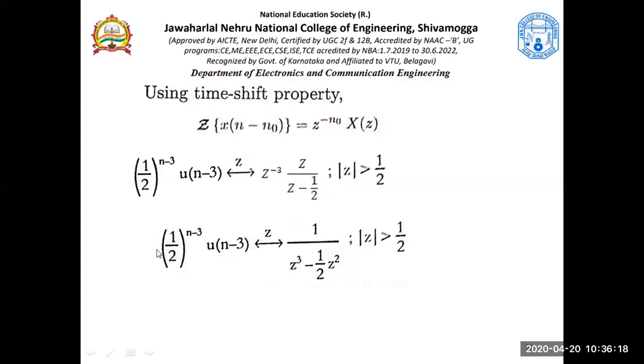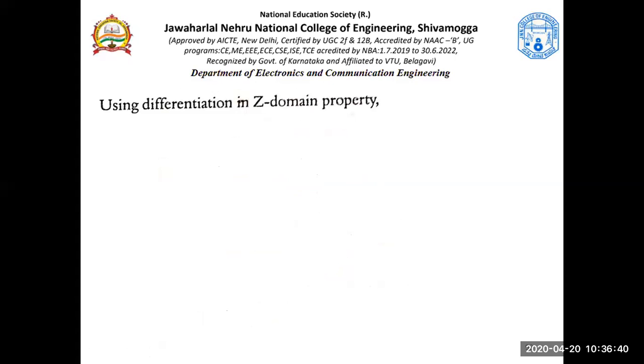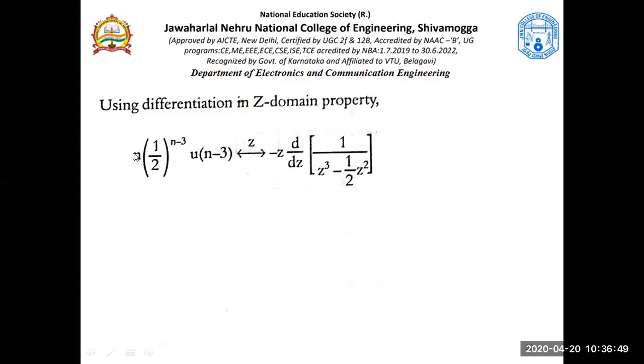Now we shall bring n here. If we bring n here, what would happen to the right hand side is the question. Again you need to think of the properties. These problems are solved by referring to the property. Which property holds good here? As I said, it is differentiation in Z domain. It tells us that if you bring n, then on the right hand side it is minus Z d by dz of the Z transform we had for this.